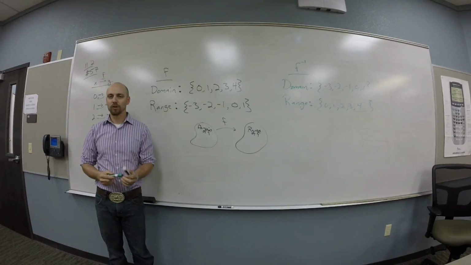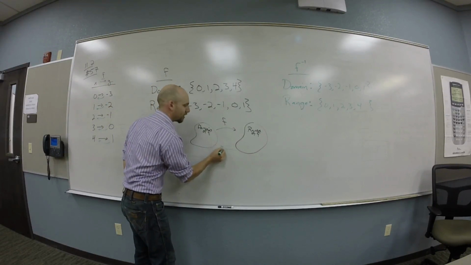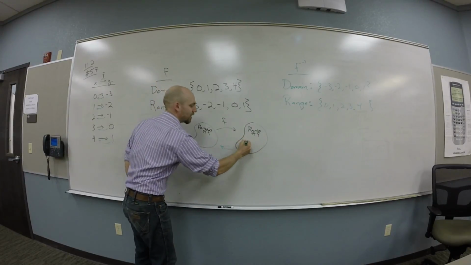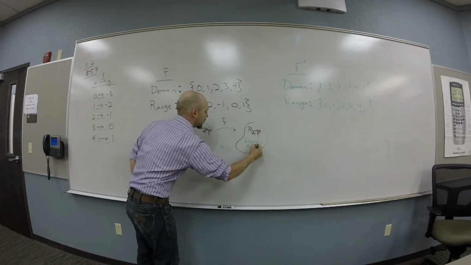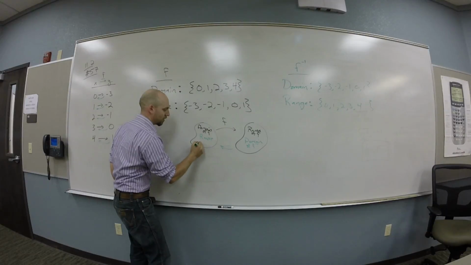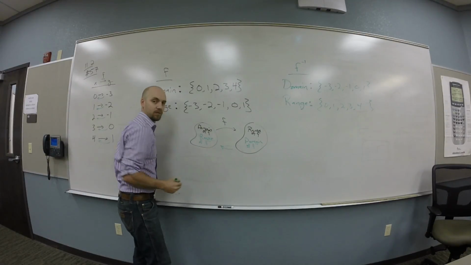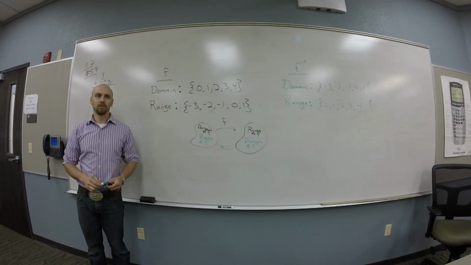And where does the inverse function go? Okay, backwards. So of course the range of f is the domain of f inverse, and the domain of f is the range of f inverse. Does that kind of make sense? Cool.